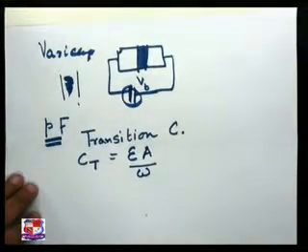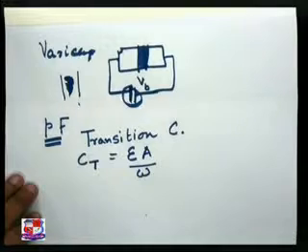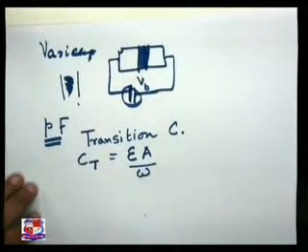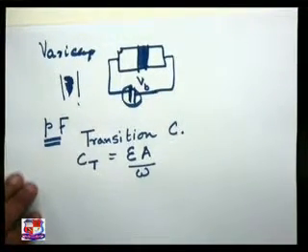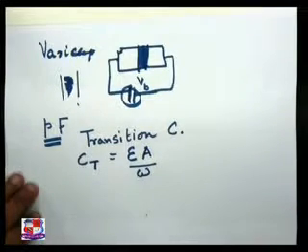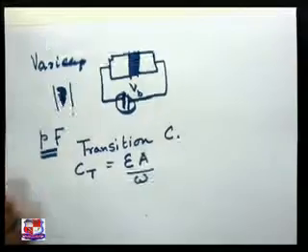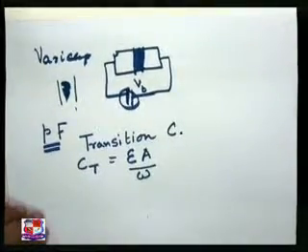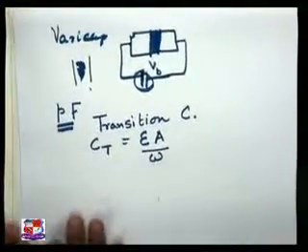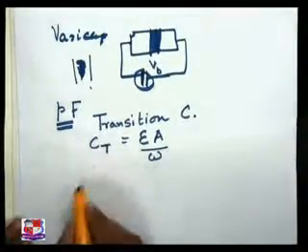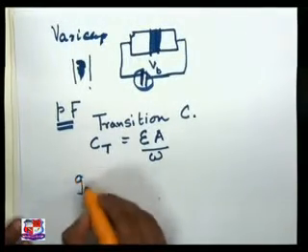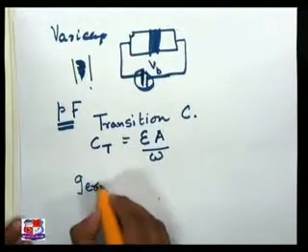Now what is epsilon? Epsilon is the permittivity, A is the area, and W is the width of that particular material. Now what are we given? We are given that the material used here in the varactor diode is germanium.